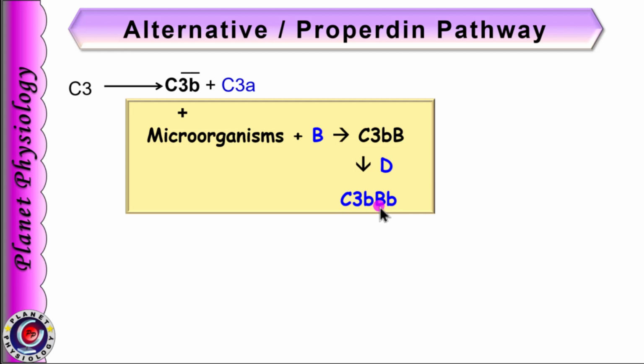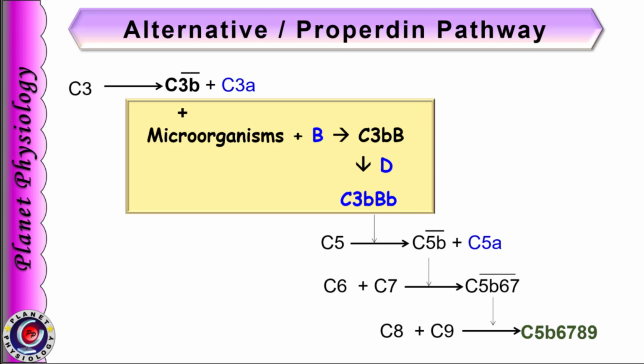Bb component remains attached to C3b to form C3bBb complex, which acts as convertase to activate C5. So as this is another way to generate C3 convertase to activate C5, this pathway is known as alternative pathway.